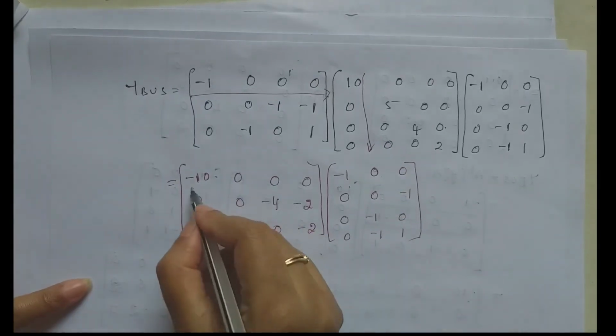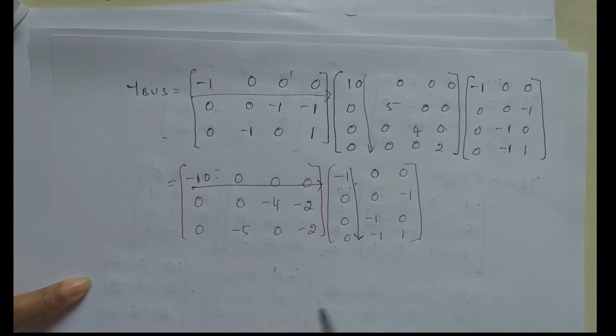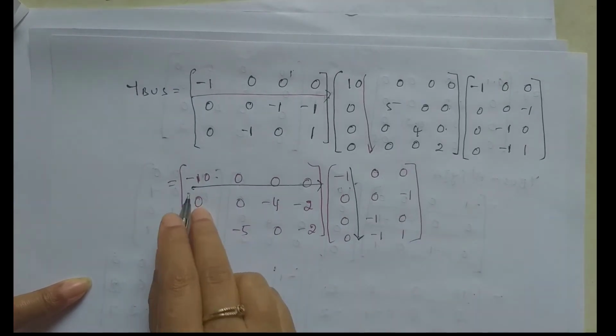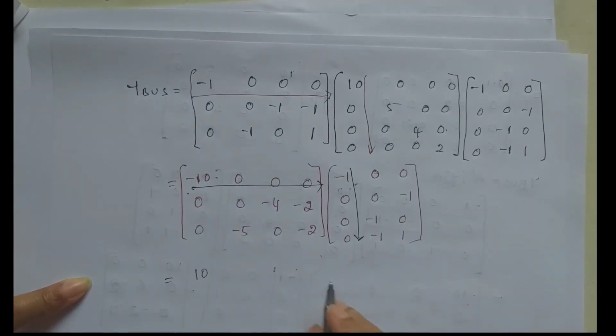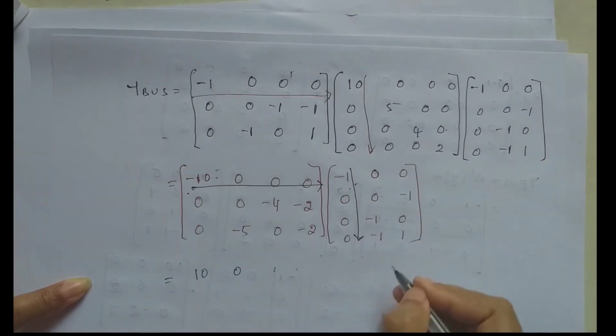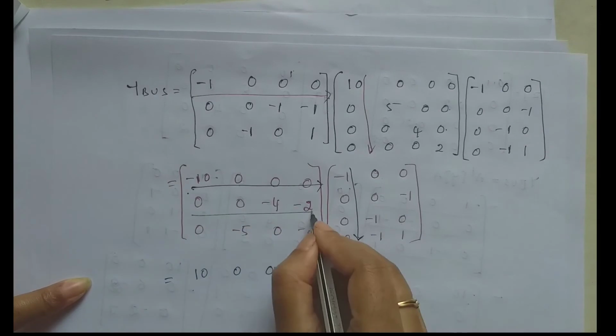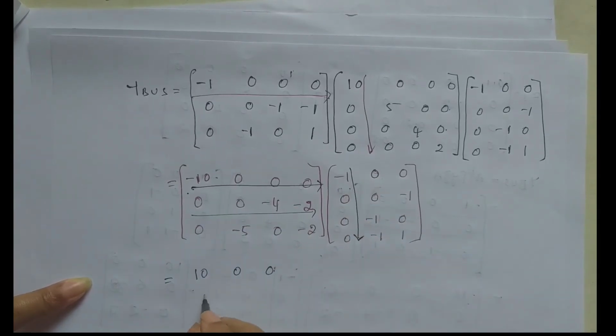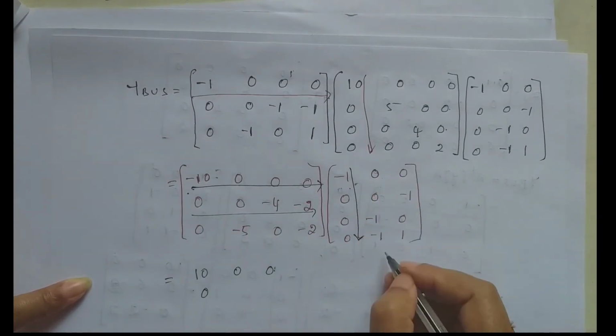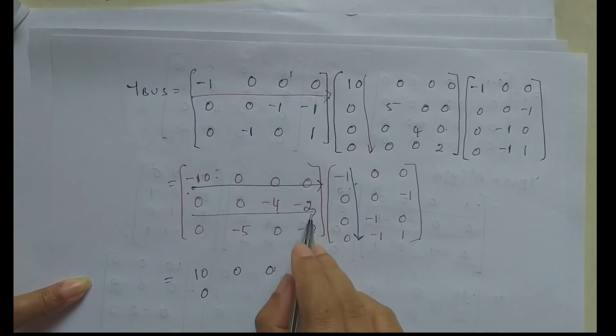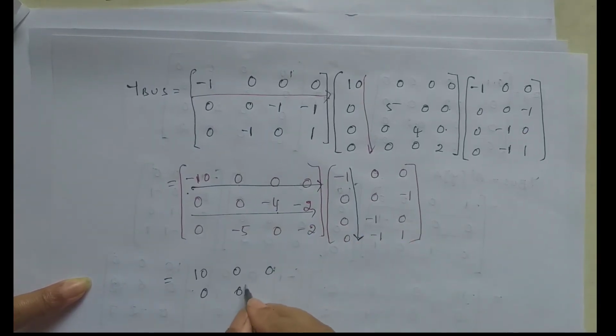Now first row and first column gives plus 10. First row with second column 0, first row with third column 0. Second row with first column 0, second row with second column 4 plus 2, which is 6, minus into minus plus 6.